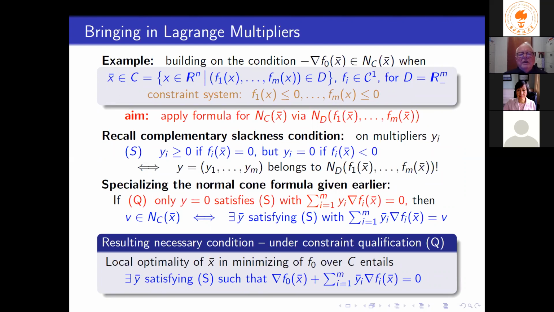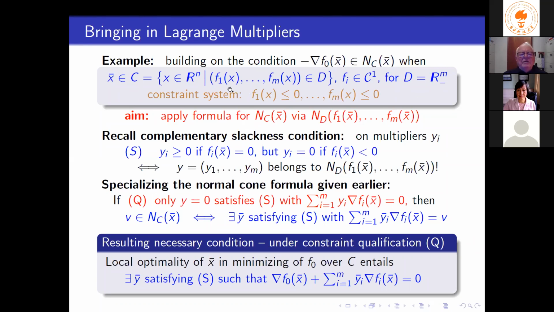So in this case, I'm going to build on this condition by specializing the set C. So I'm going to assume now that the set C is given by a condition where this vector of C1 function should belong to a set D. But for the purpose of example, I'm going to specialize the set D to be the non-positive orthant.